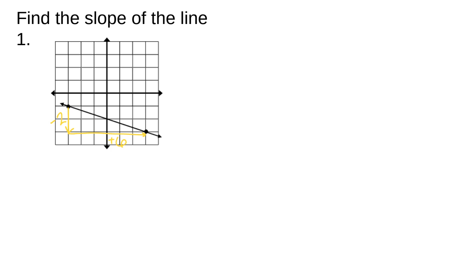So the slope of this line would be the rise, negative 2, over the run, which is 6. Now we always want to reduce these, so this would reduce to negative 1/3. So the slope of that line is negative 1/3.